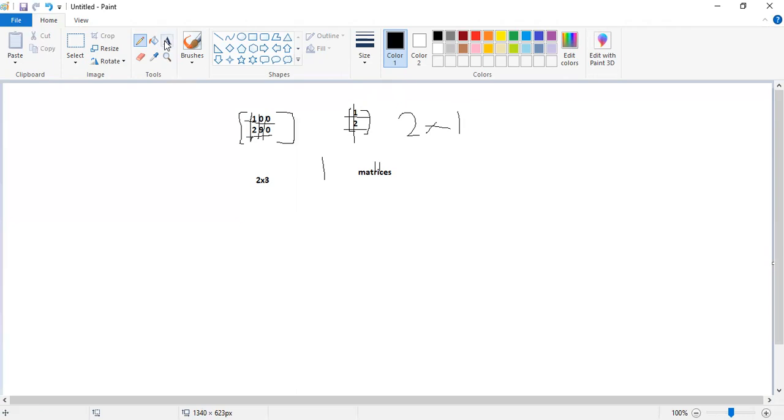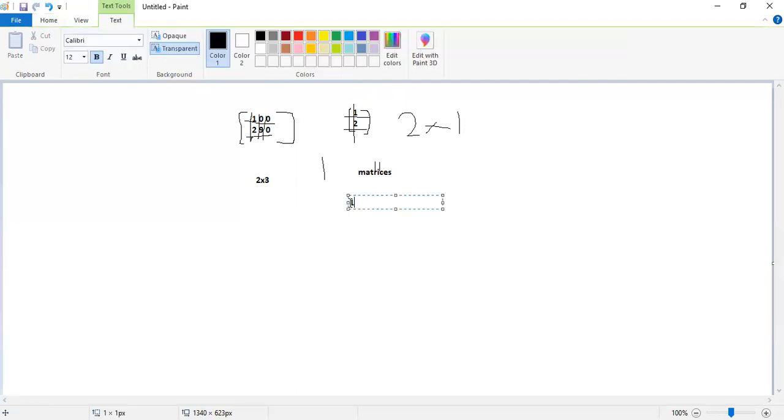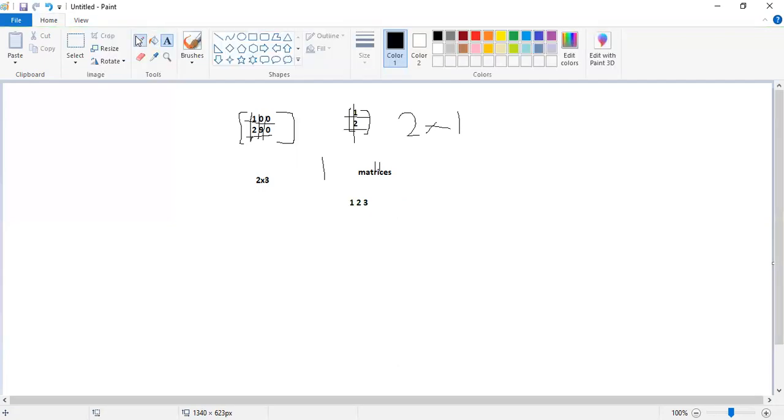You can also have a matrix in this form. Say 1, 3. This is also a matrix because it contains an array of numbers, and we can count the number of rows. We said the rows are the horizontal part.